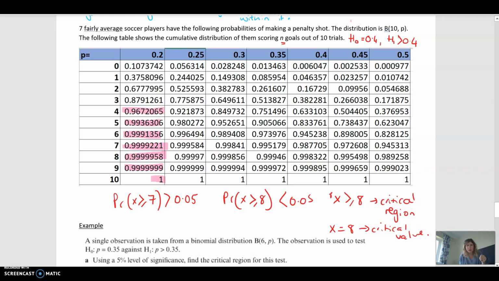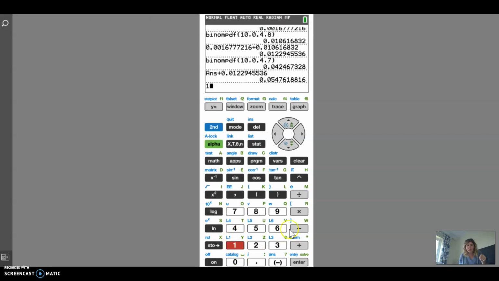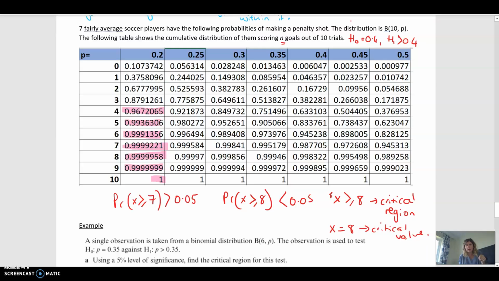Now we get up to 0.96, so that's still less than 0.05, because if we do the 1 minus 0.967, we can see that that's still 0.033, but my next value is 0.879. Now that's almost 13%, so that one's going to be accepting the null hypothesis.